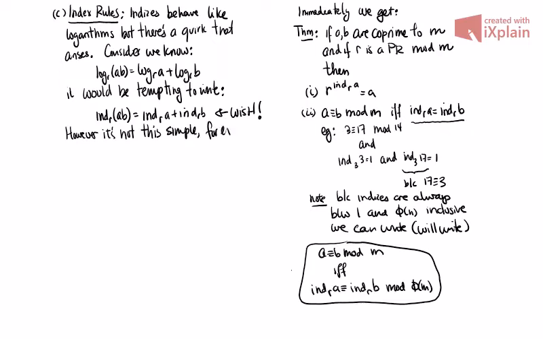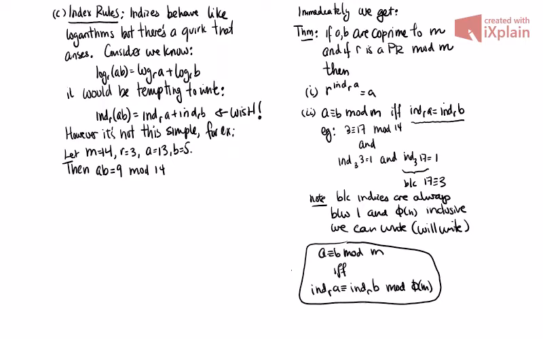So for example, suppose we let M be 14. This is the example we were just looking at. R be 3. And let's look at A is 13 and B is 5. Then, because this is mod 14, AB is 9 mod 14. It's 65, which is 9 mod 14.